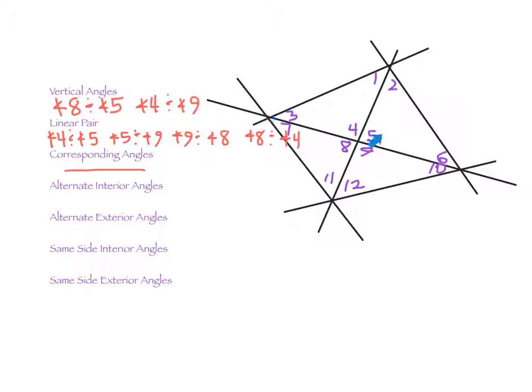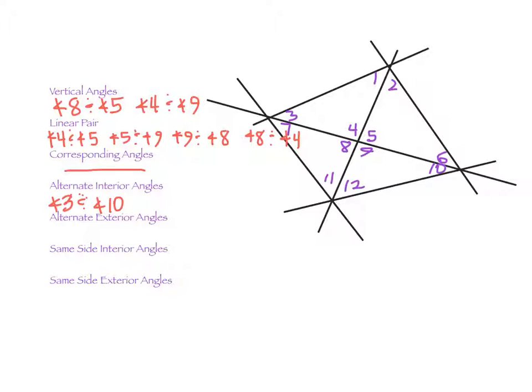So along this line, here are my two lines that it cuts. So wouldn't this give me a Z? So 3 and 10 would be alternate interior angles.